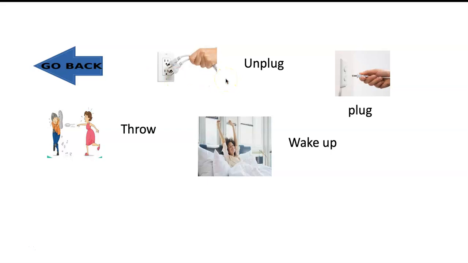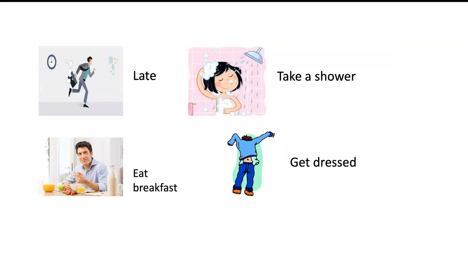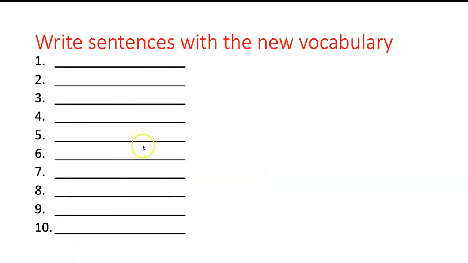I unplug the computer. I plug in the television. I throw the ball in the park. I wake up at 6 a.m. in the mornings. So you can write different sentences, the ones that you prefer. You have here more words and you have to write the sentences.